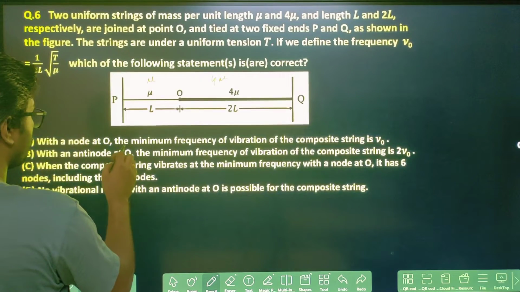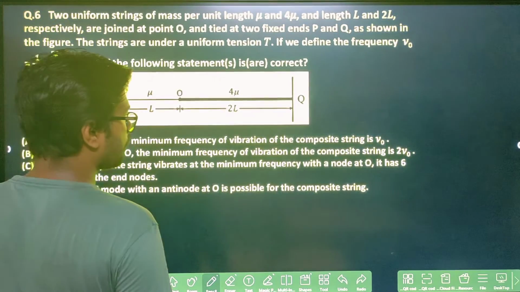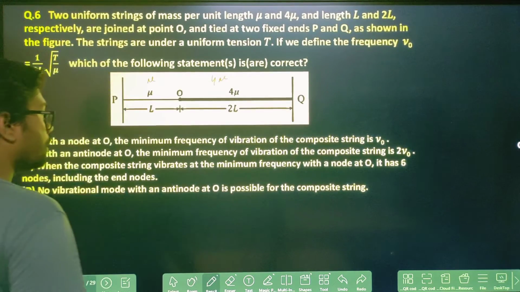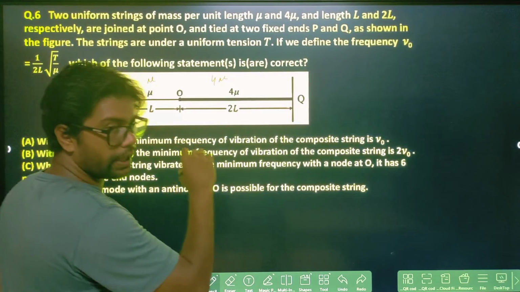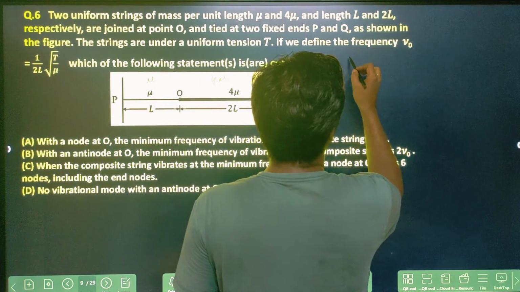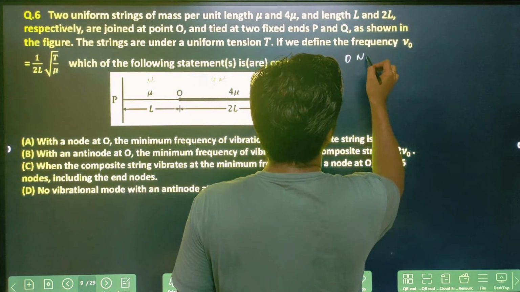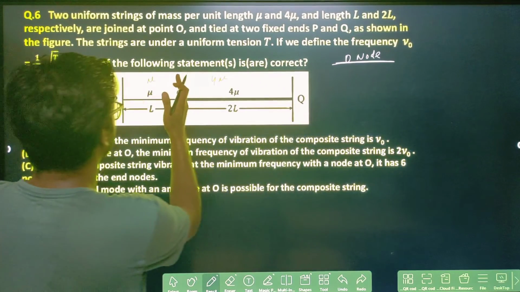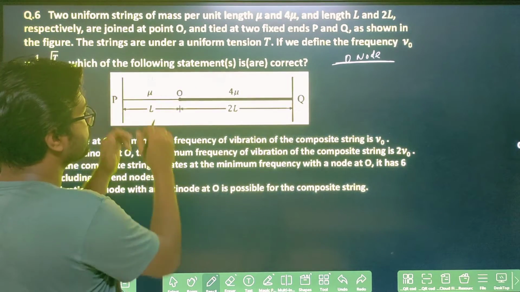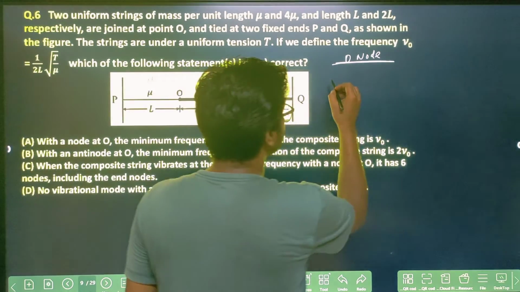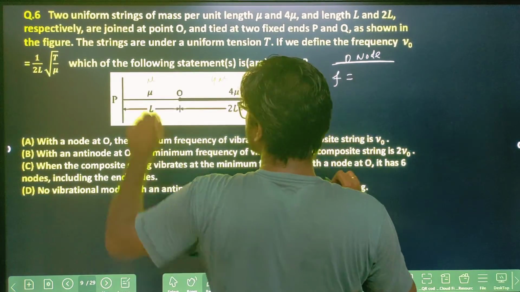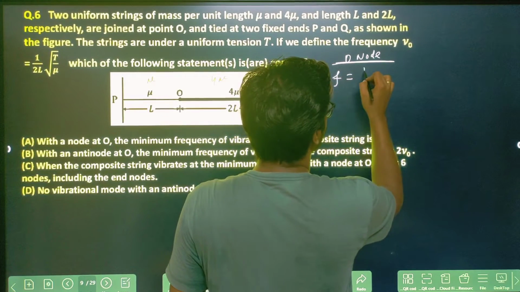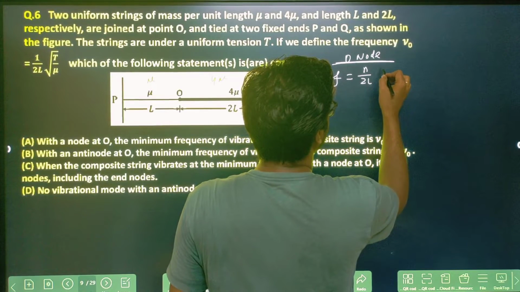With a node at O, the minimum frequency of vibration of the composite string is mu naught. So if you see here, they are telling O is a node, right? So I am writing O is your node. If O is your node, I am taking this side, that PO, the L length string, the frequency is F. So here P is a node, O is also a node. So you can say the frequency formula is n by 2L root over T by mu.